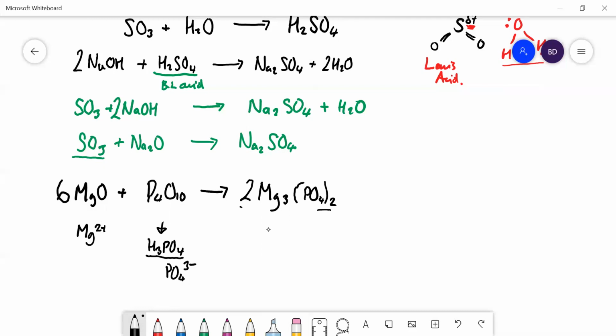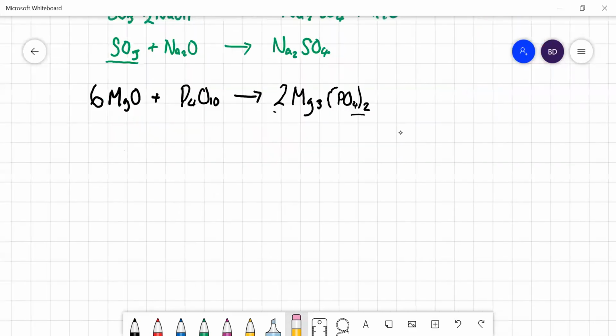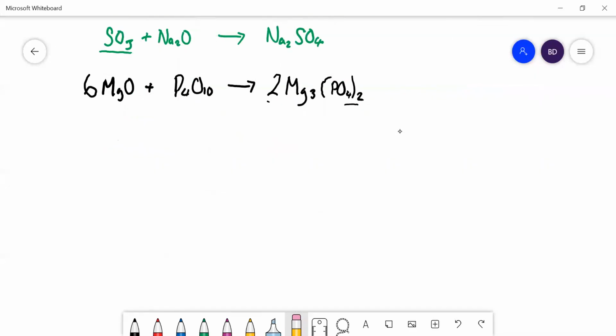Right, let's finish up with sulfur dioxide. Sulfur dioxide is SO2. It's actually got a lone pair on the sulfur there, so that would be a bent molecule.